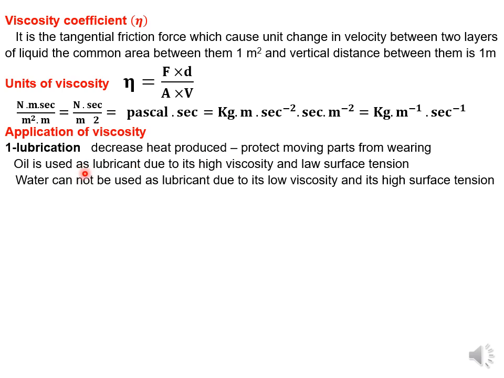Oil is used as a lubricant due to its high viscosity, so it will not flow away from between the moving parts, and its low surface tension, so it will adhere to the moving parts. Water cannot be used as a lubricant due to its low viscosity, so it will flow away from between the moving parts, and its high surface tension, so it will not adhere to the moving parts.